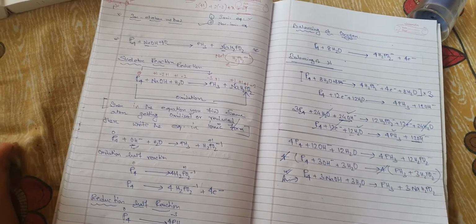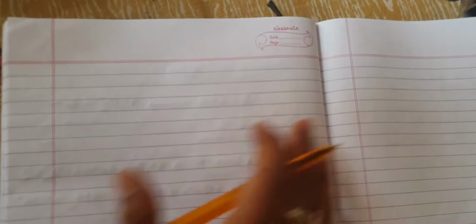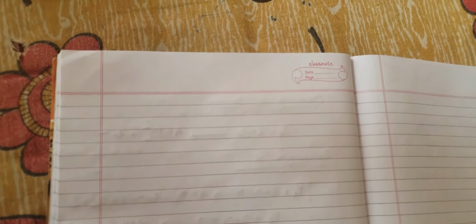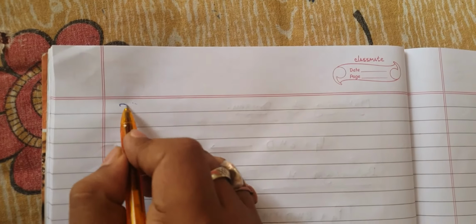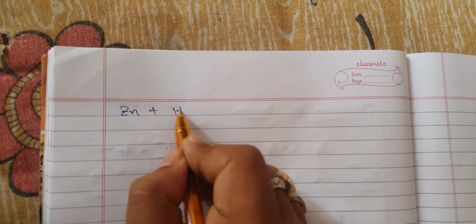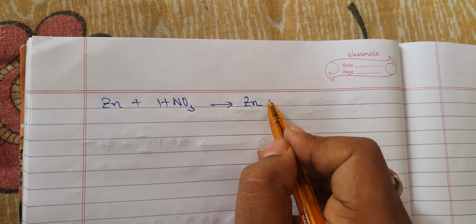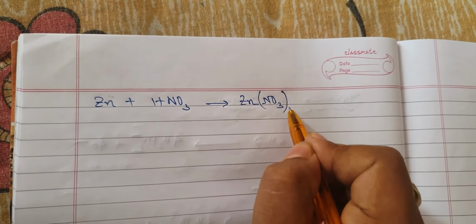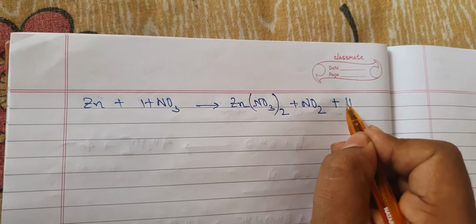Let me do another in acidic medium in the same way so that you can understand better. Another equation: Zn plus HNO3 gives Zn(NO3)2 plus NO2 plus H2O.